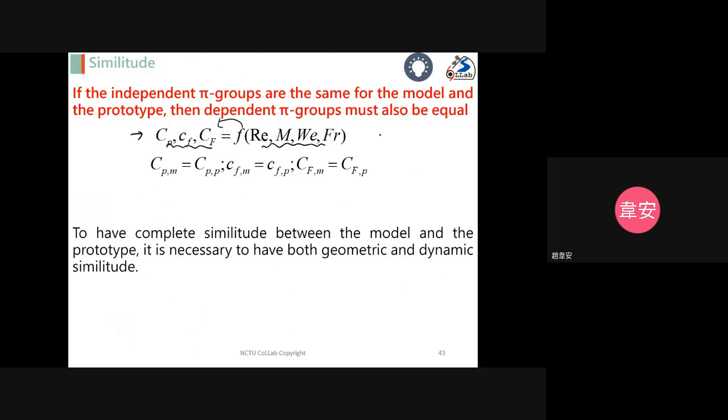Because in the previous slide we introduced the dynamic similitude: if we satisfy the same force ratio, then we will have the Reynolds number and the Froude number be equal for the spillway problems. So to have the complete similitude between the model and the prototype, it is necessary to have both the geometric and the dynamic similitude. Okay, so this is very important.